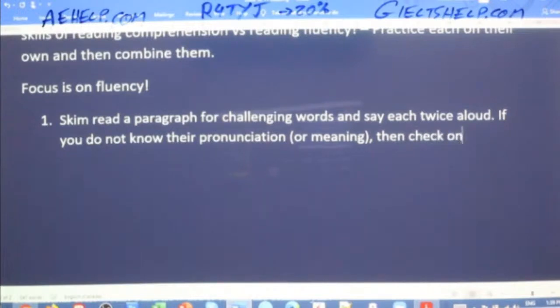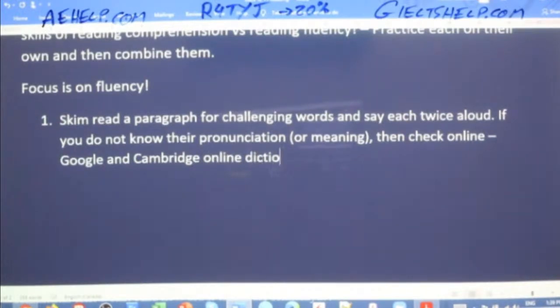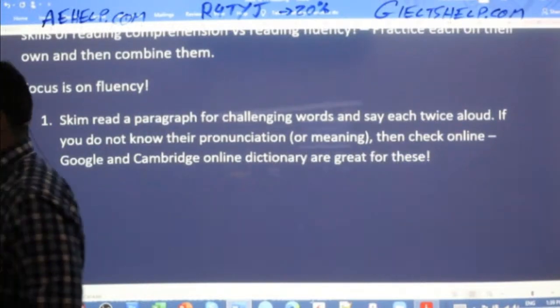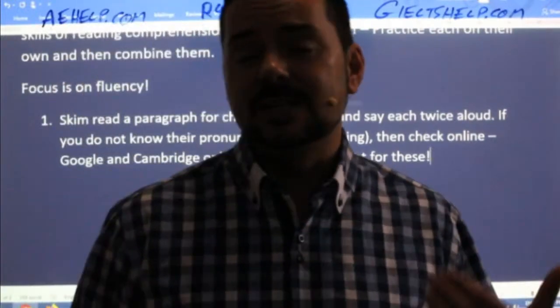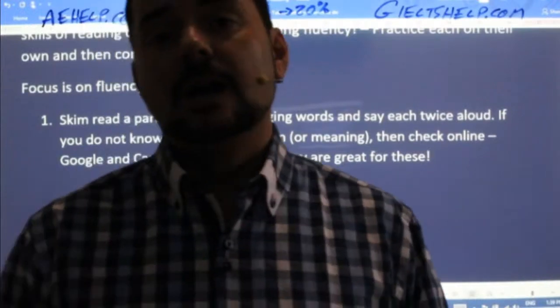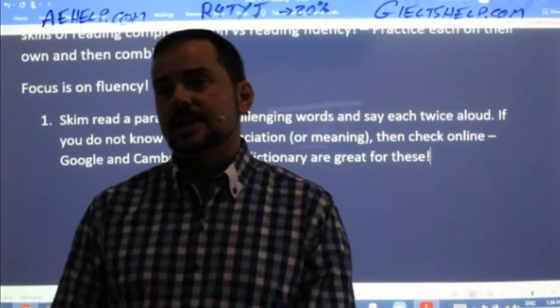then check online. Today you have some great tools. Google is great for this. Okay, so Google even has a slow mode pronunciation practice integration now. Has anybody seen that?